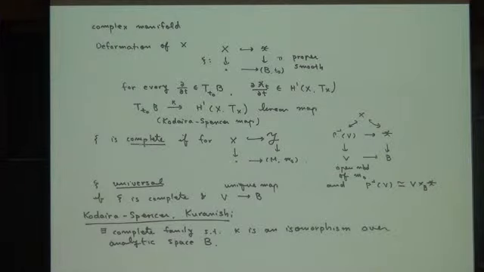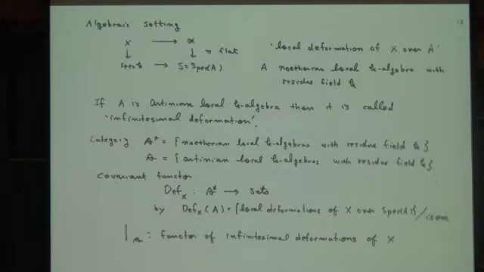But this is analytic language, and if we change to a purely algebraic setting, these things were mostly done by Grothendieck, Artin, and also others. So when we say the local deformation of X over A, A is a Noetherian local K-algebra with residue field K. So we have a central fiber, and over this A, a Noetherian local algebra, we have these flat families.